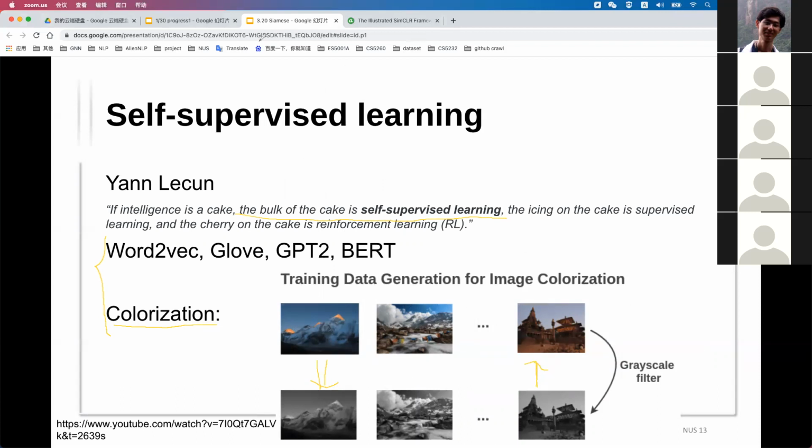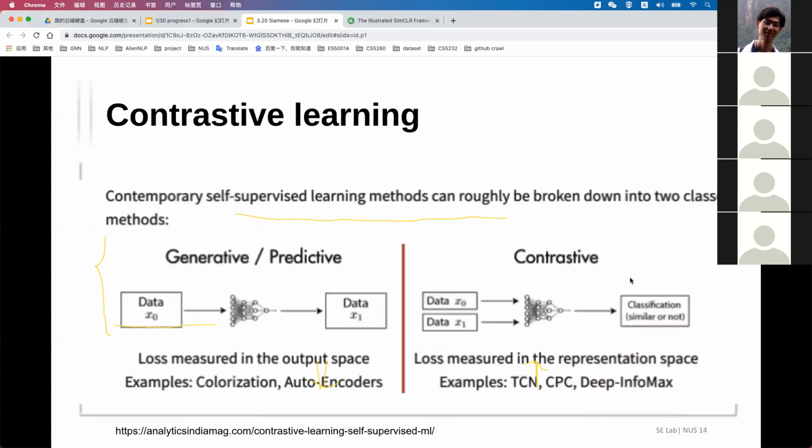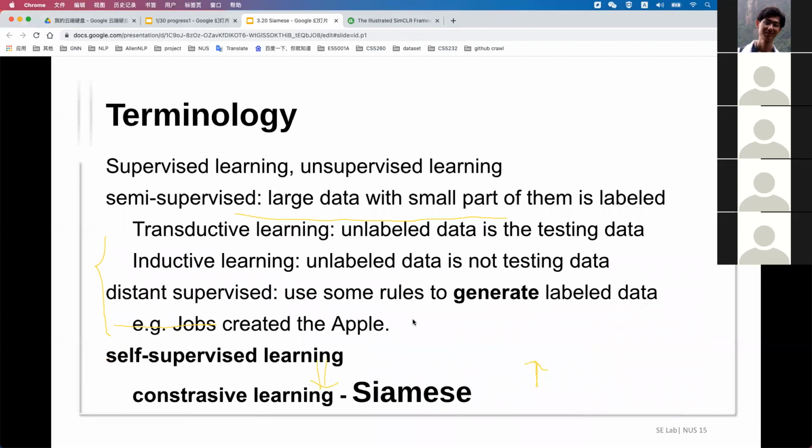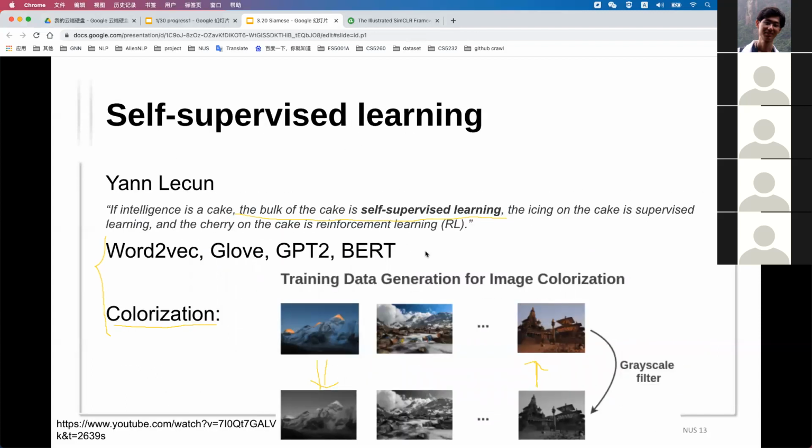If you are interested, you can have further reading on this topic. So we can summarize: as long as it requires less manual effort to label the data, it can be considered self-supervised learning.